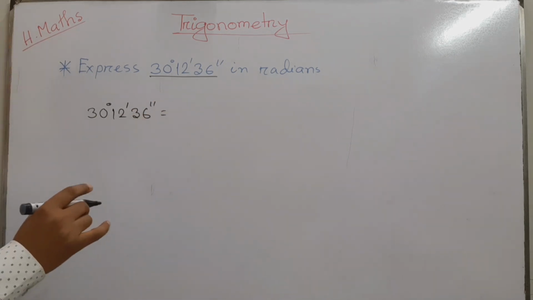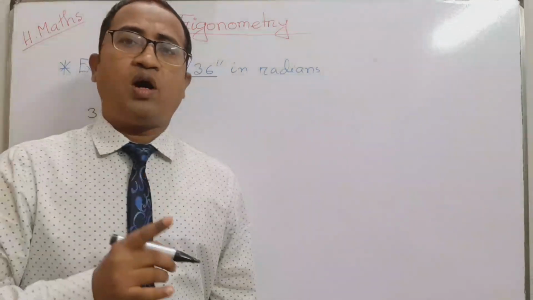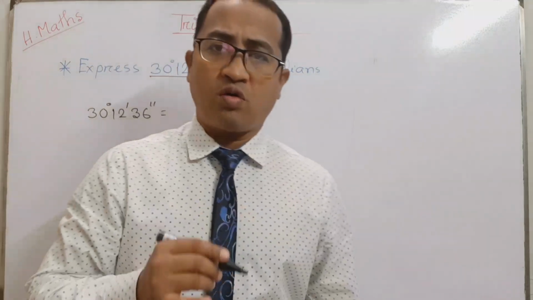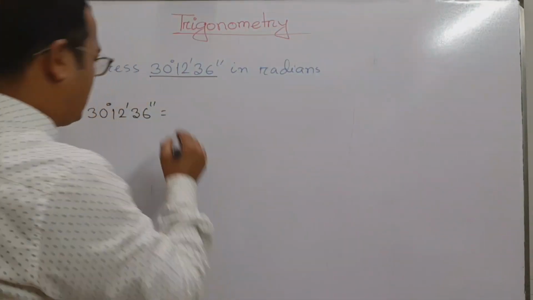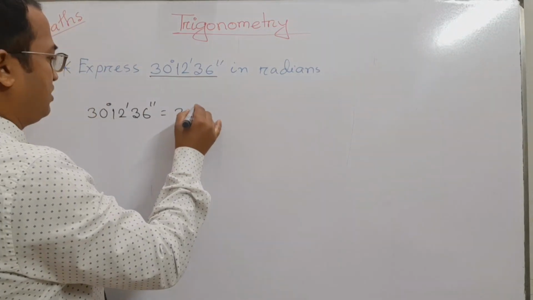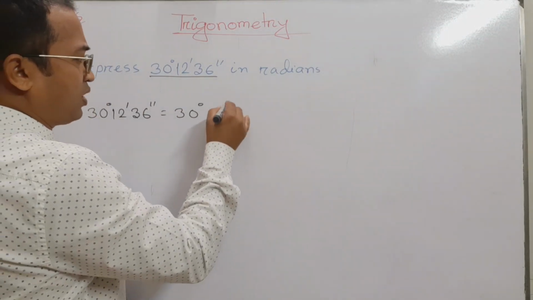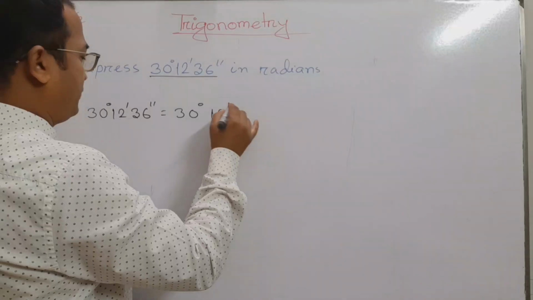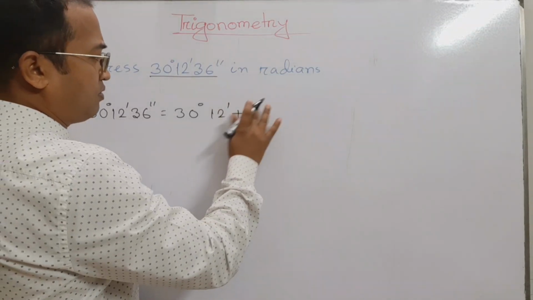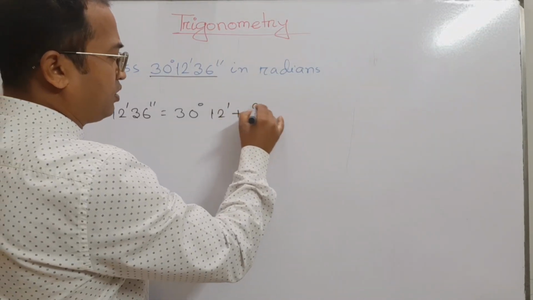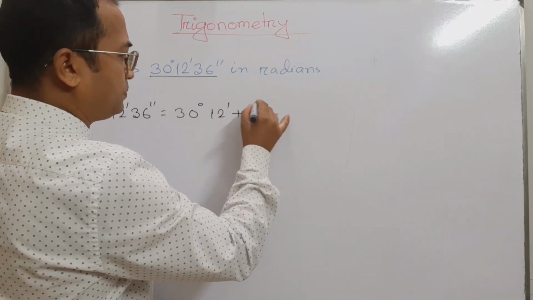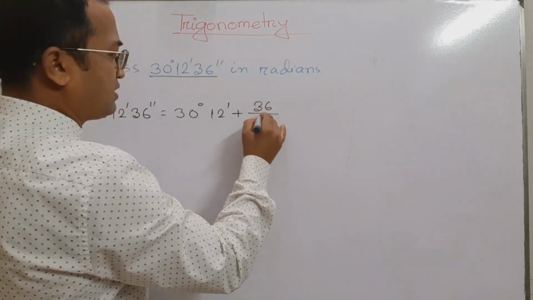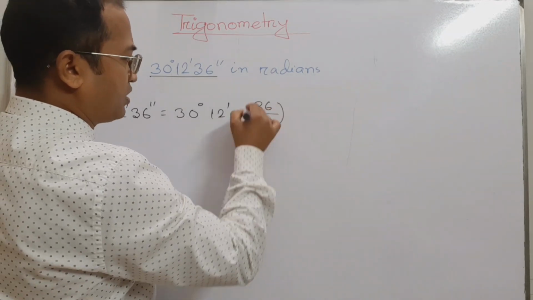So we know 60 second is equal to 1 minute. So if you want to convert second to minute, you should divide it by 60. That is 30 degree 12 minute plus 36 by 60 minute.